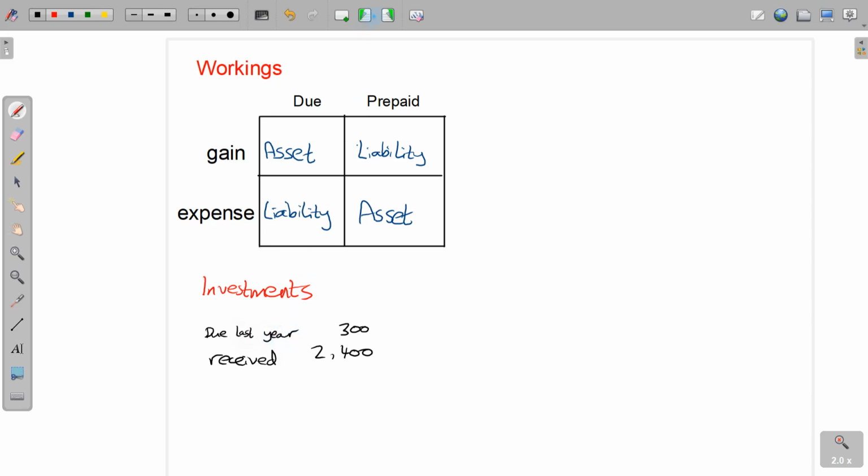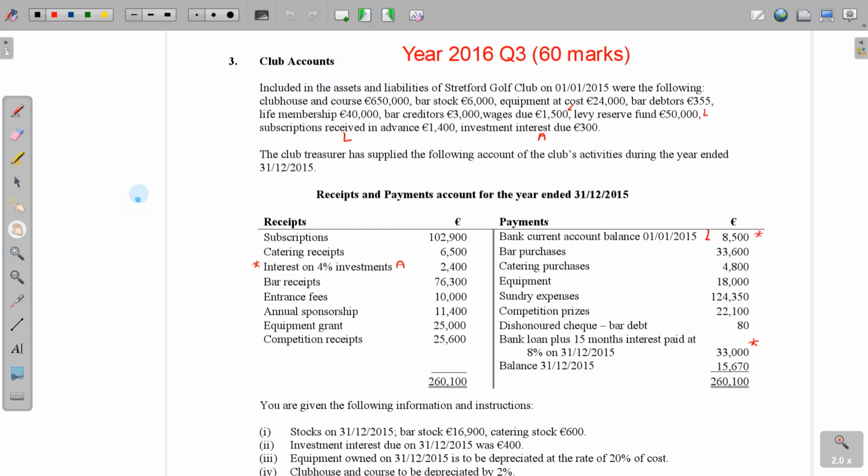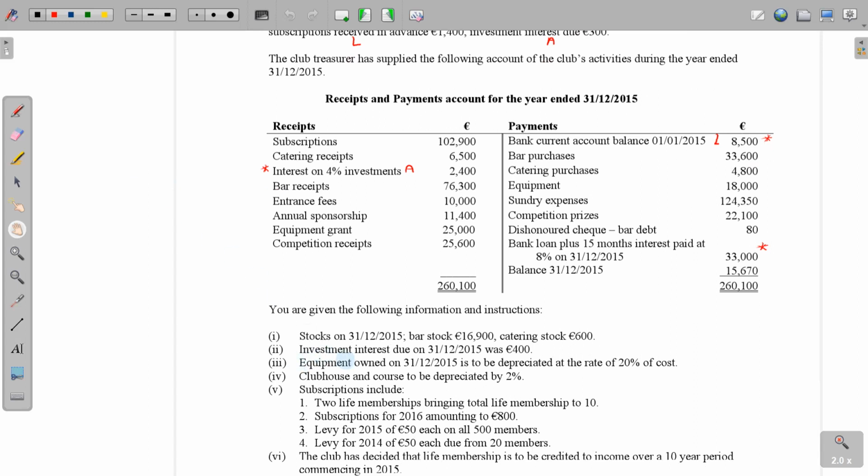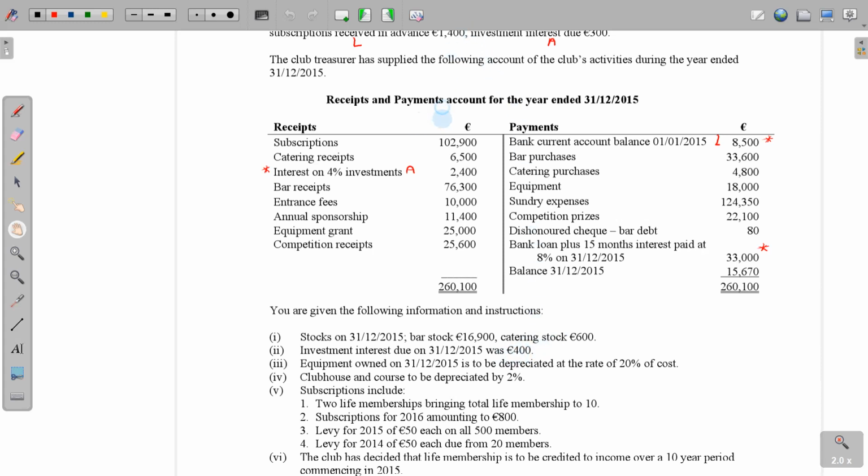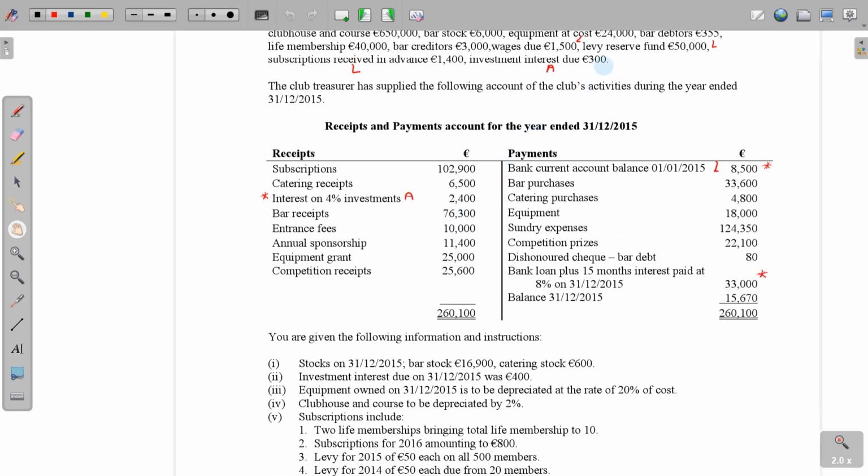And if we go back to the adjustments that we were talking about earlier, we saw investment interest due at the end of 2015 was 400 euro. So essentially, they have given us 2,400, but they owed us 400 more that they still haven't paid us. And part of that 2,400 is 300 euro that they owed us from last year.